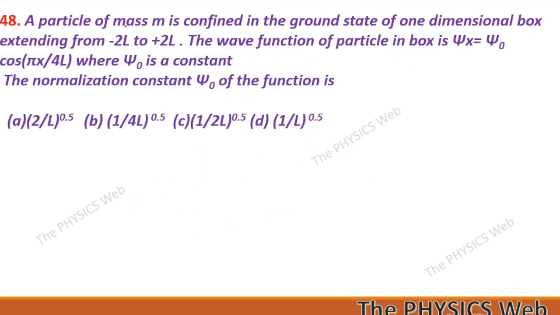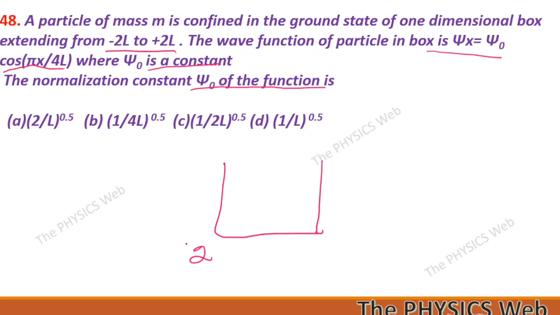Next, 48. A particle of mass m is confined in the ground state of a one-dimensional box extending from minus 2L to plus 2L. The wave function of the particle in the box is psi naught cos pi x by 4L, where psi naught is a constant. The normalization constant psi naught of the function is. We have discussed this type of question initially.